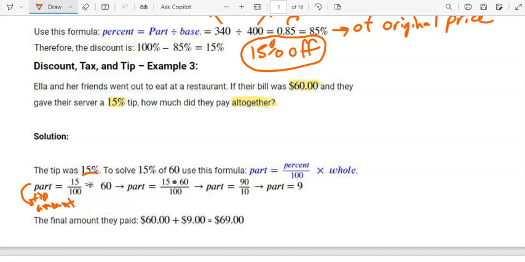So we have 15 times 60 over 100. Well, 60 and 100 both divide by 10. And so 15 times 6 is 90. 90 over 10 is 9.